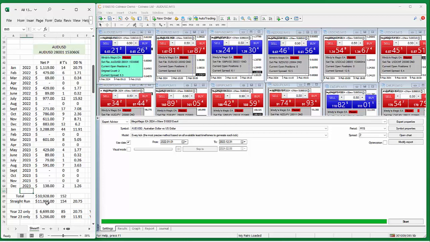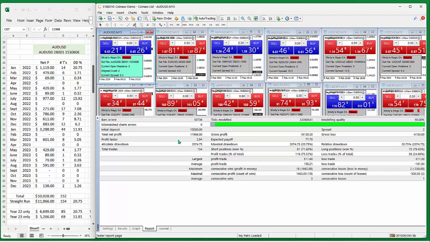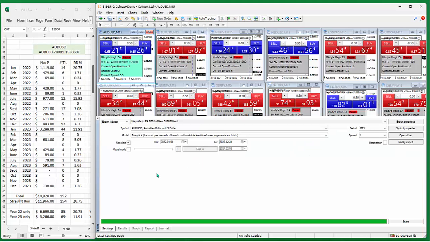So that's why this number right here, this 11,966, is the exact same total, obviously, as the total net profit for the strategy test that I just did. Okay, so that's how the EA runs on one pair.